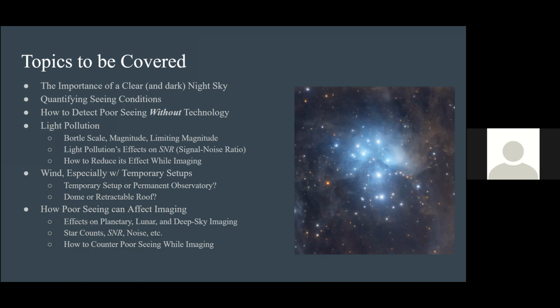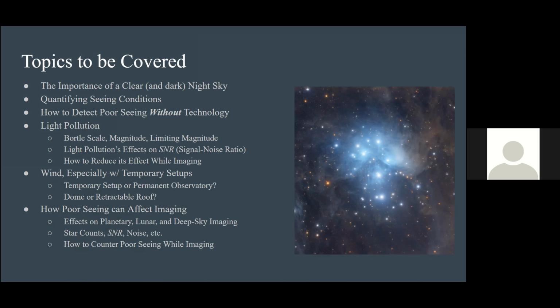One of the topics on the document that Gabe sent out to me was a dome or retractable roof. I know we are going to have a presentation on that at some point, so I thought I'd add a little bit about why a dome or a retractable roof is better.